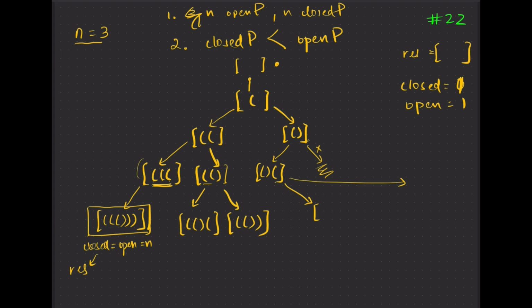Okay, on the left side we always open. Can we open one here? Yes, we can. So like this, open close, open open, right? And for this one, we'll try to close that open parenthesis.